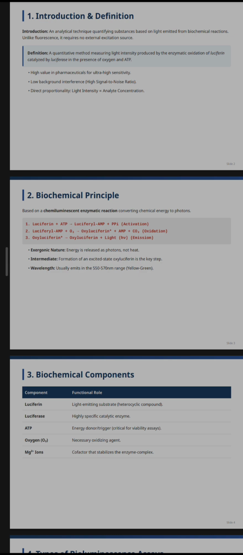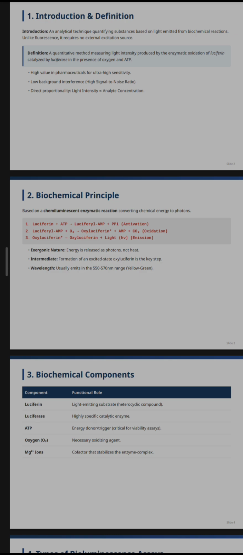Reaction explanation: first we have luciferin. When we add luciferin to a sample containing ATP, it initially forms the luciferin-ATP complex. This complex, in the presence of oxygen, undergoes an oxidation reaction. It is converted into oxyluciferin, oxygen is converted into carbon dioxide, and ATP is converted into AMP.